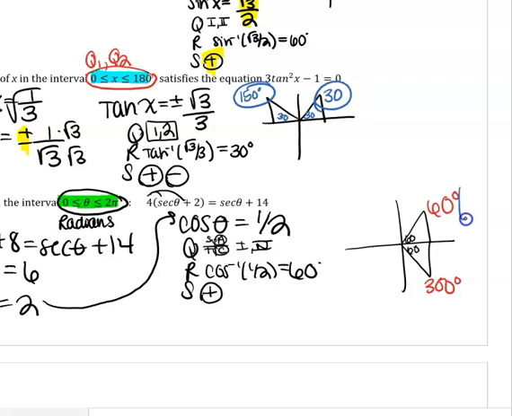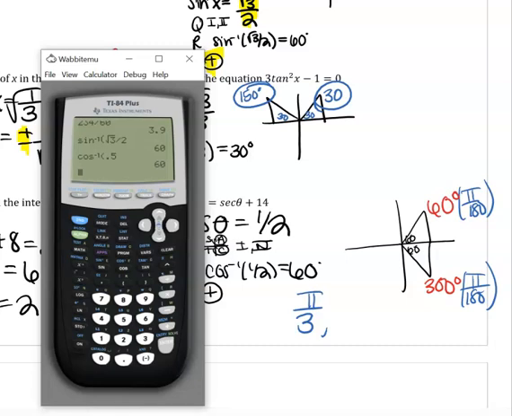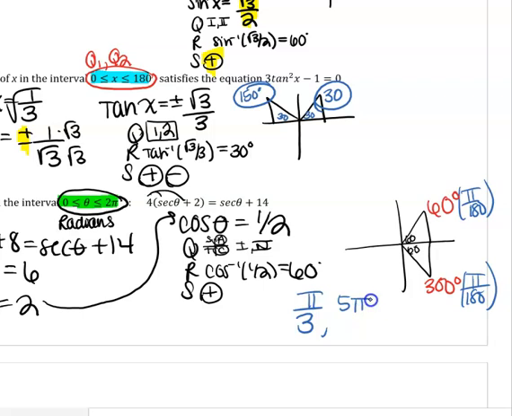So I'll take this and multiply by pi over 180, and that'll reduce to pi over 3. I can do the exact same thing for 300. So you're doing 300 divided by 180, and that reduces to 5/3. So my other answer is 5 pi over 3. And that's 60 and 300 just in radians.